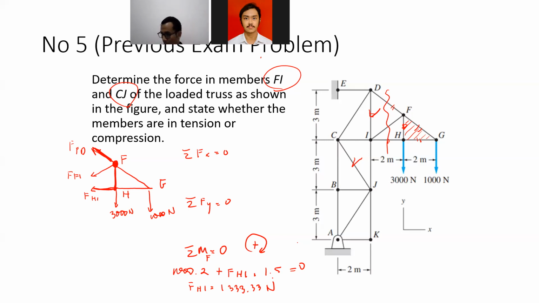Okay, we got FHI. Now we want to solve for FI, right? Is there any way to solve that without the other? Okay, no. So which step are we supposed to use next then?